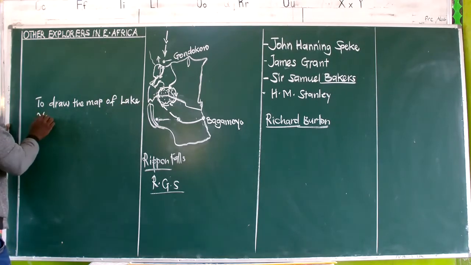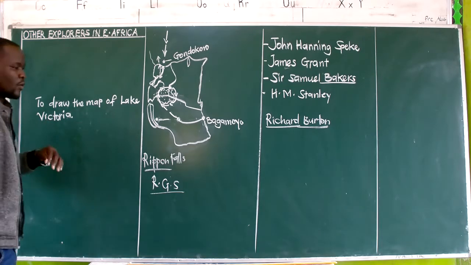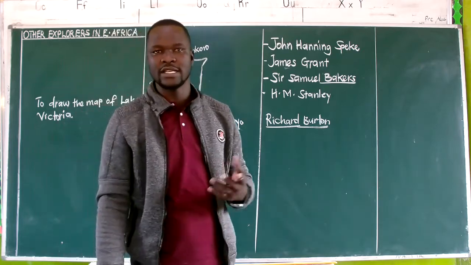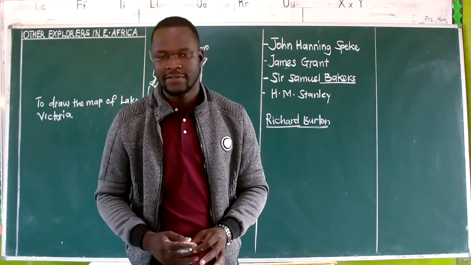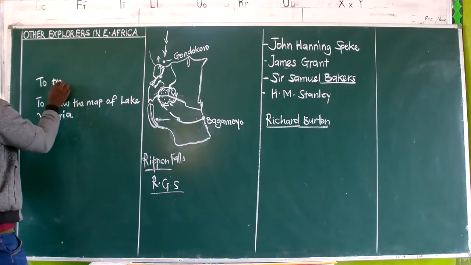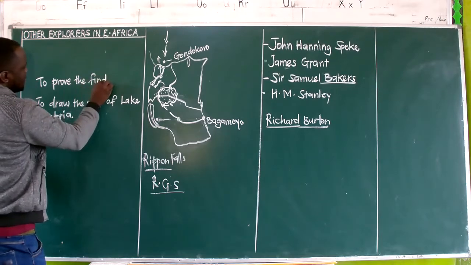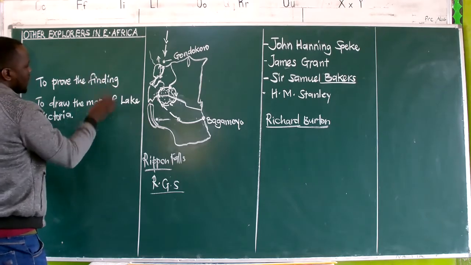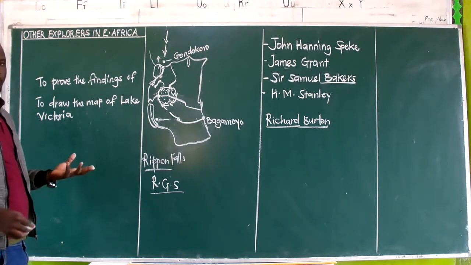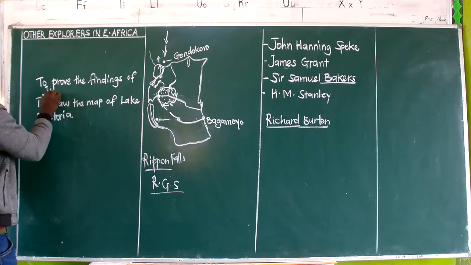I hope you have got the difference between the two questions. The first one is, why was he sent? That one is simple. We simply say he was sent to prove the findings of John Speke. To prove the findings. Meaning to confirm whether what John Speke said was true or not.